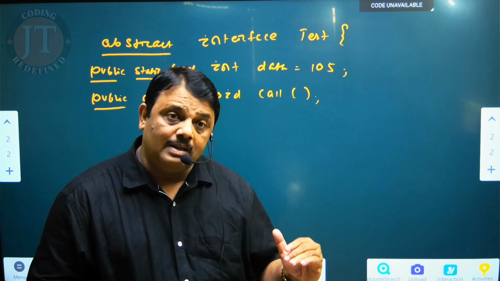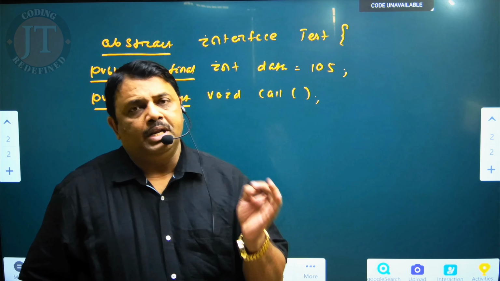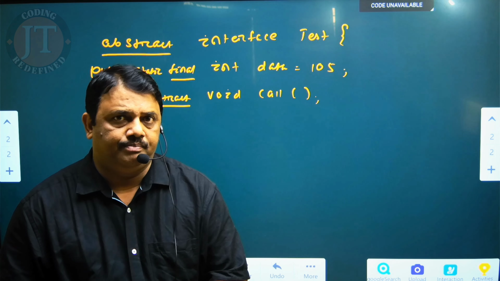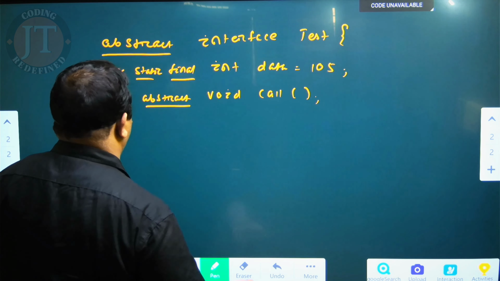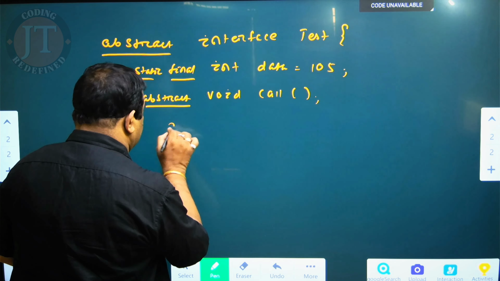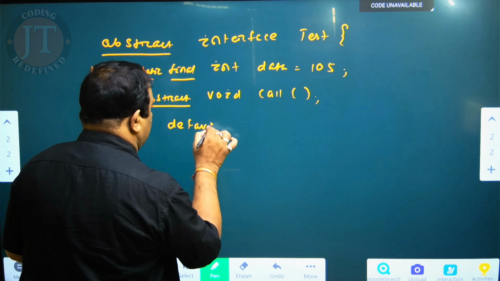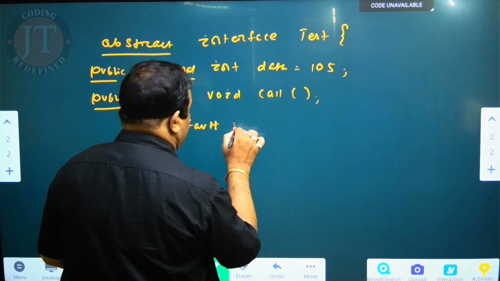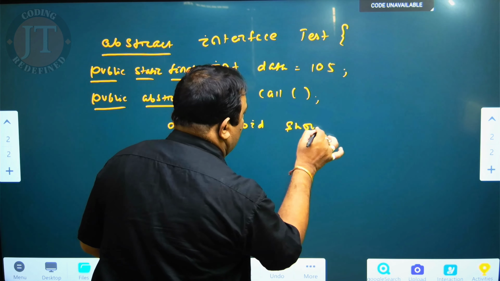But in JDK 1.8 and 1.9, Java allows some new methods to be defined. I can define a default method within it, writing default void and defining the method.